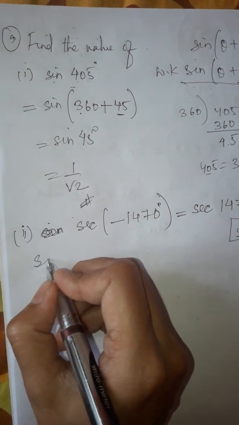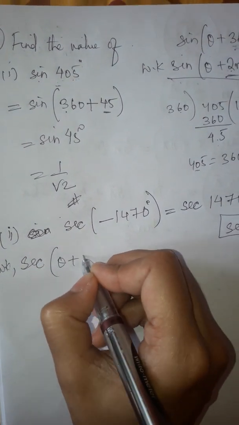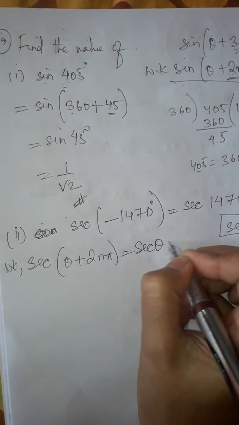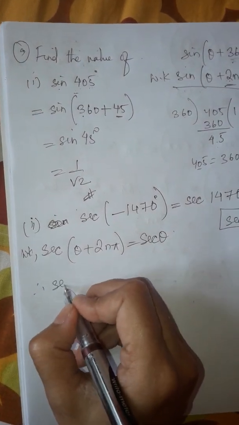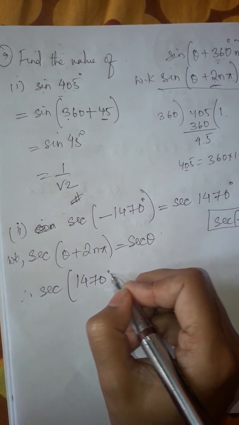We have already learned this in the first part. So again, we know sec of theta plus 2n pi is again sec theta. Therefore sec of 1470 degrees.